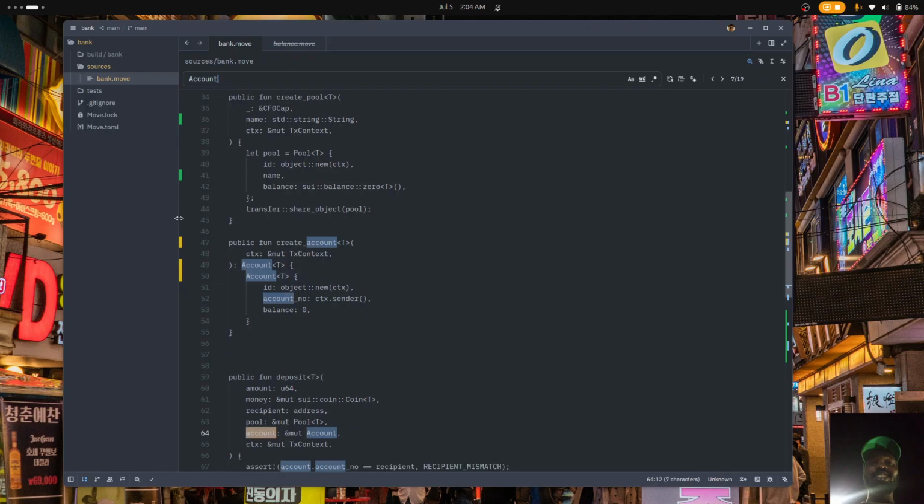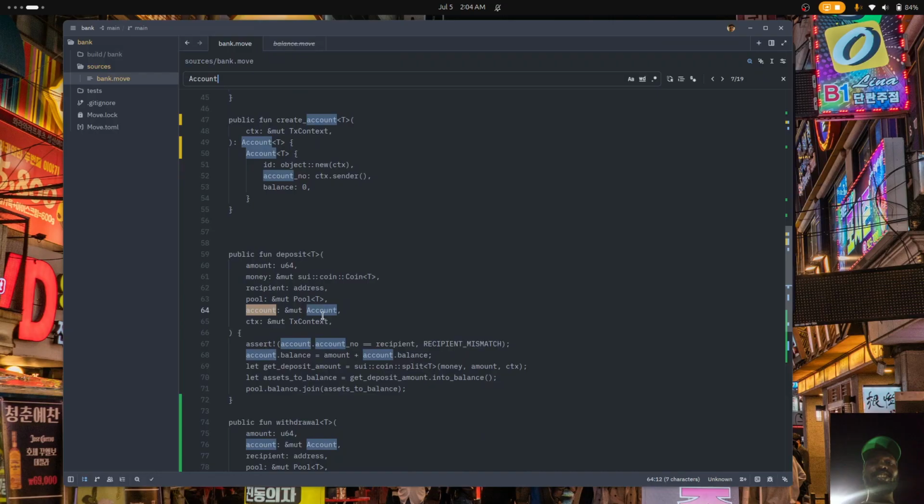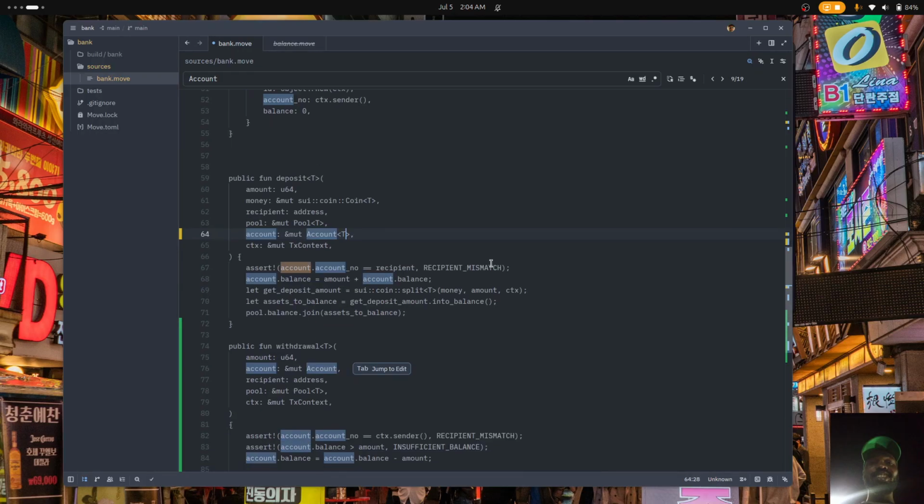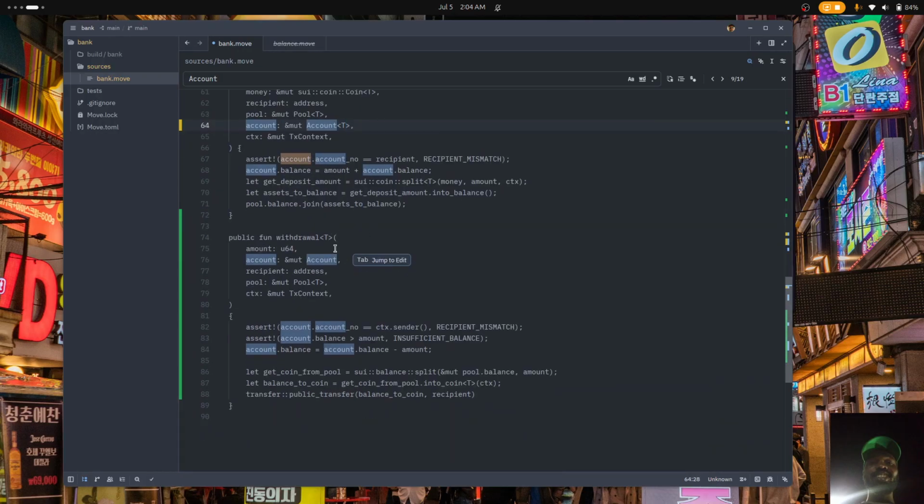Now I want to deposit funds, right? The deposit has to be of that same currency, yes. Then withdrawal has to be of the same currency, yes. So it means that we cannot do something like this.